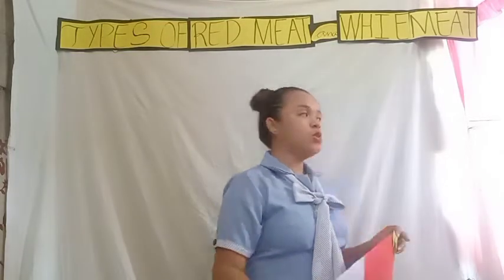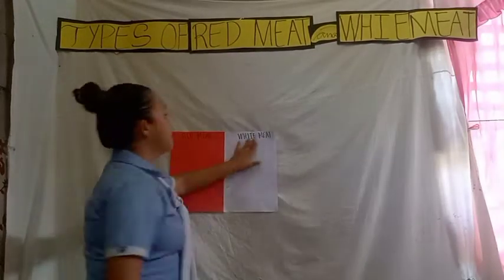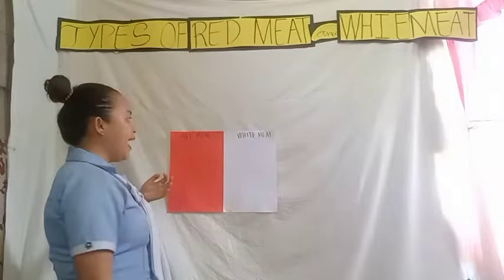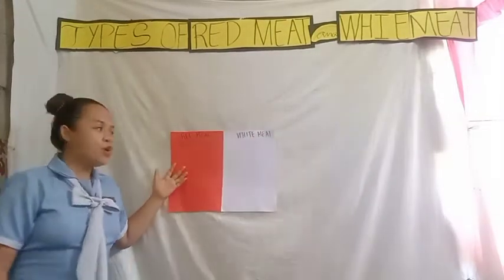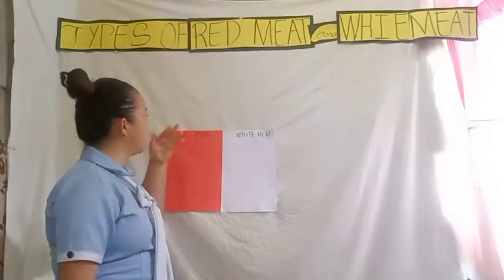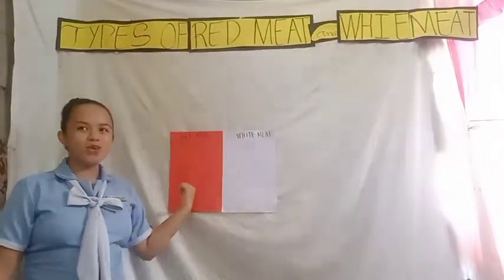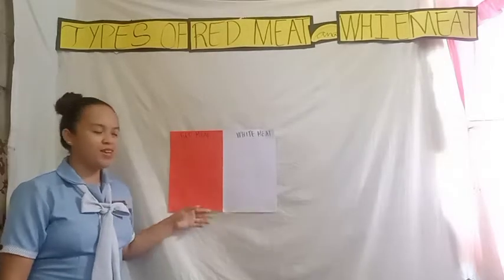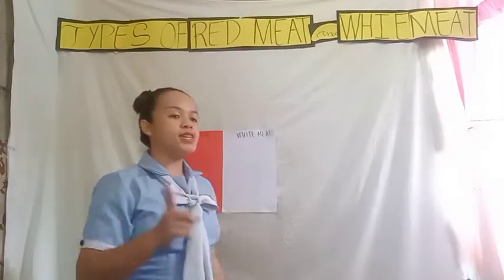So I want you to copy the table and write down what belongs to the red meat and what belongs to the white meat. I will give you 5 minutes to answer this because this is very easy. Okay, I will give you 10 minutes. No cheating. Okay, 5 minutes starts now.